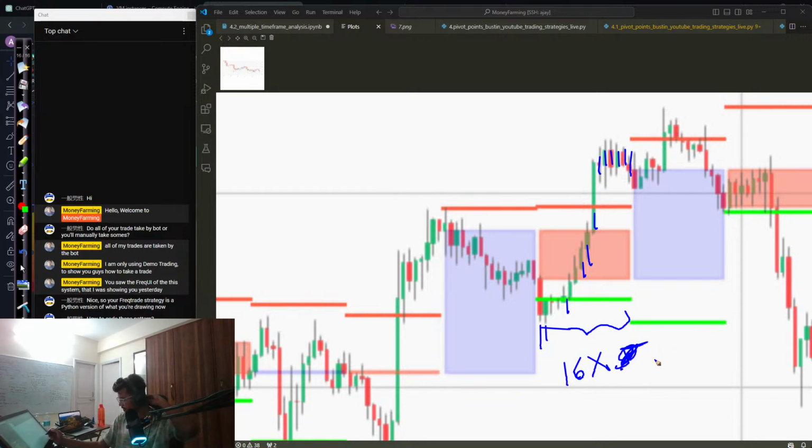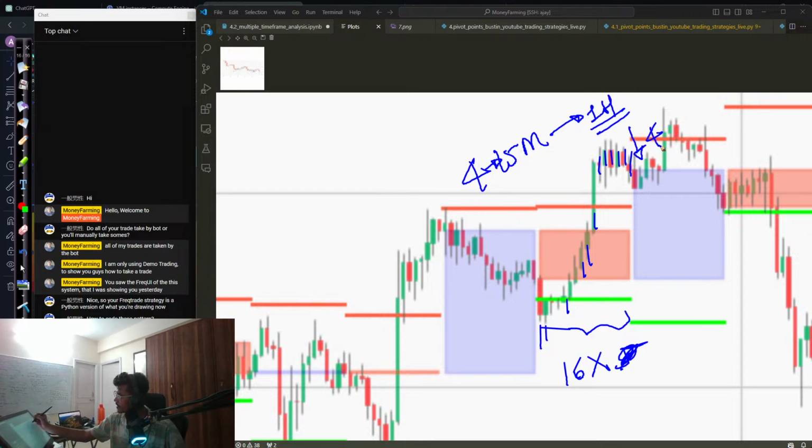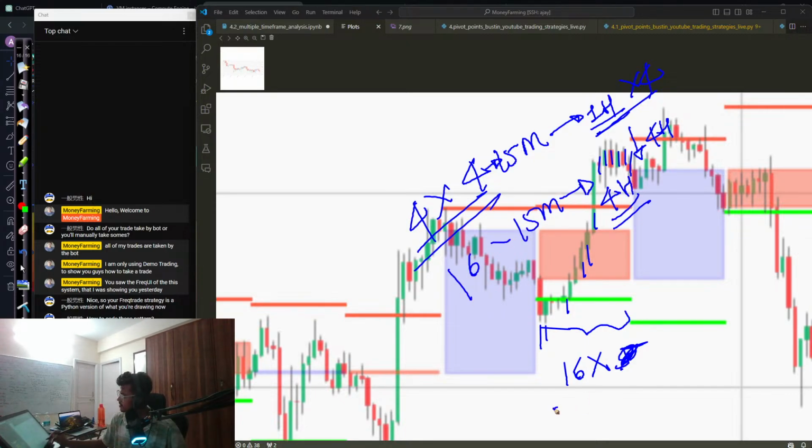Every four 15-minute candles combined generate 1 hour. For 4 hour, just multiply it by 4 both sides, we got 16. So 16 candles of 15 minutes generate a 4 hour candle. So that's your proof right there.